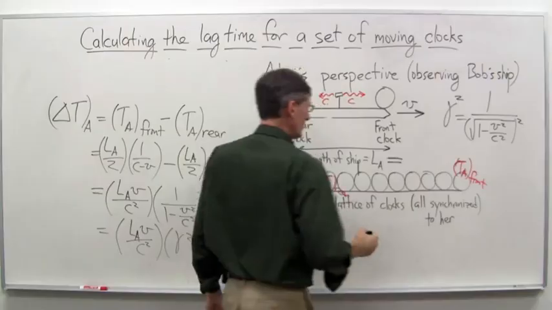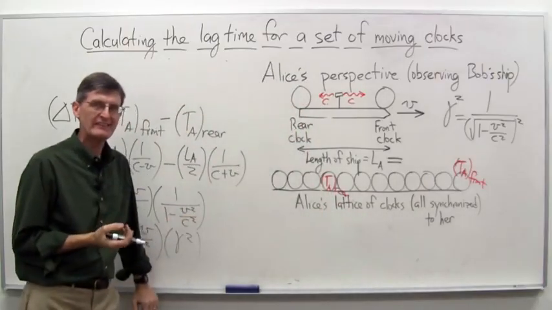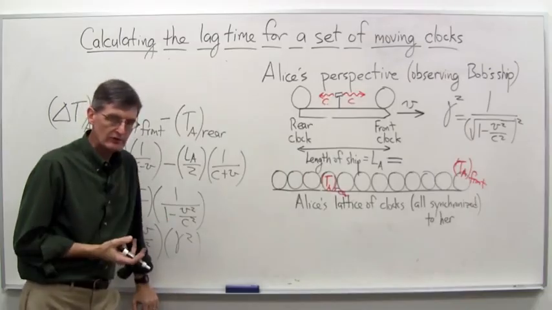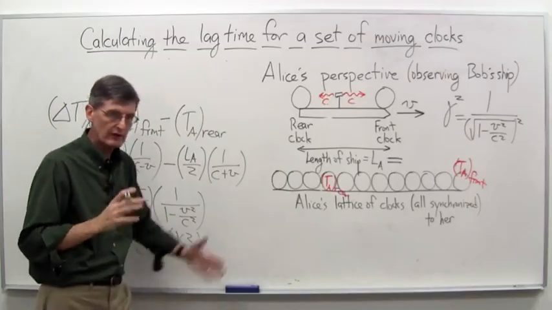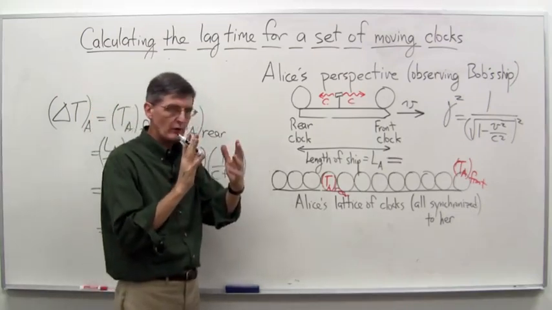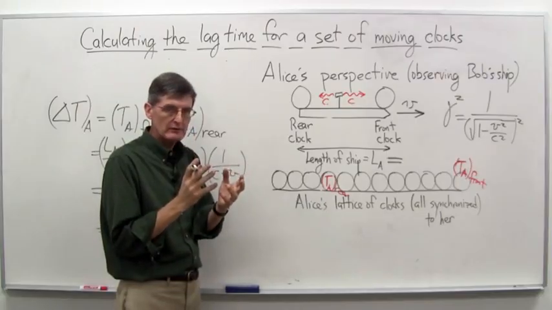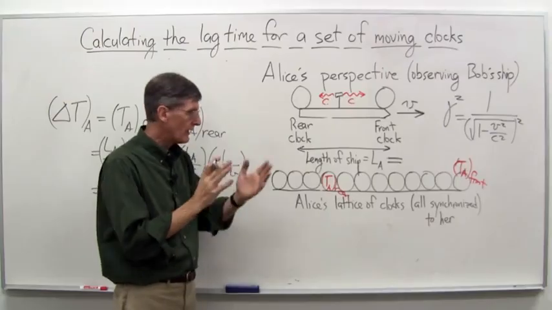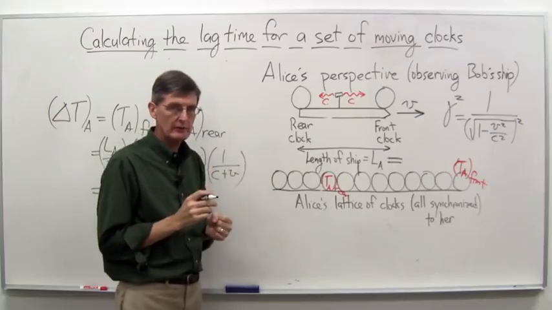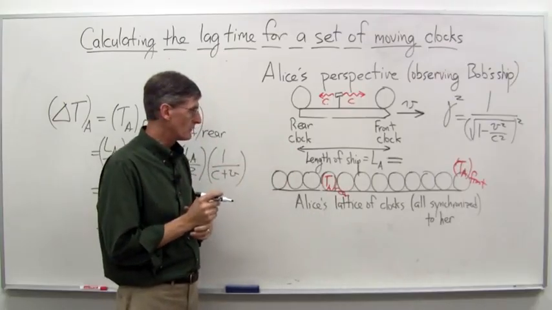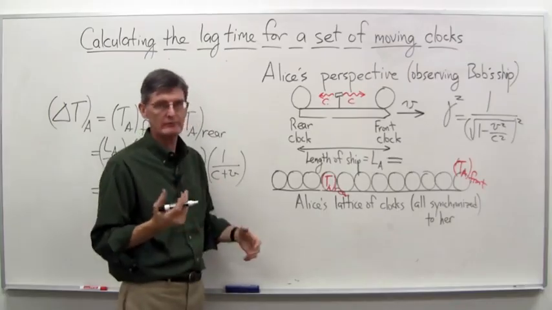will be, now remember, you have to think about this because it's easy to get it reversed. We say, okay, we know it's length contraction, so Alice is going to see a contracted length for Bob's ship. We know that gamma is a number bigger than 1. Okay? So L_A is going to be bigger than L_B, right? Alice is going to see it contracted. Actually, here's why you have to be careful.